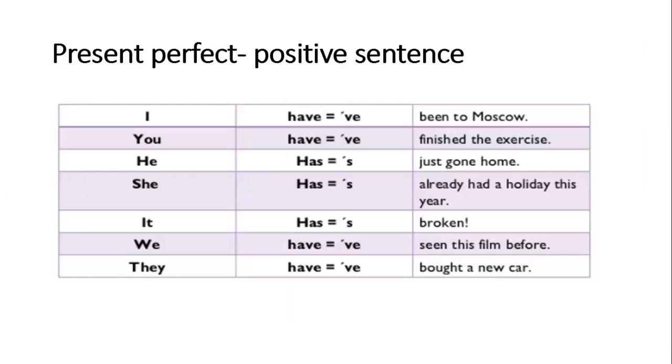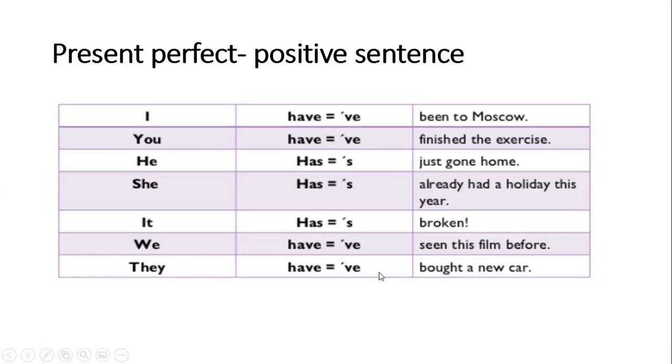Okay, so here are some tables that show how to use the present perfect tense in a positive sentence. Here you can see, I have been to Moscow, with you, he, she, it, we, they, and how the sentence is structured.